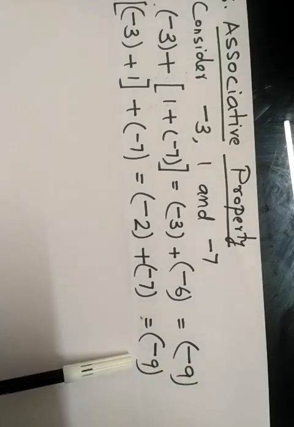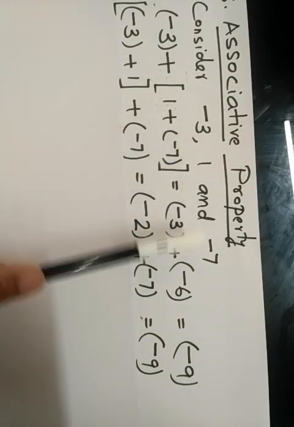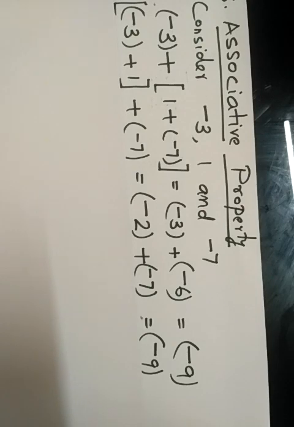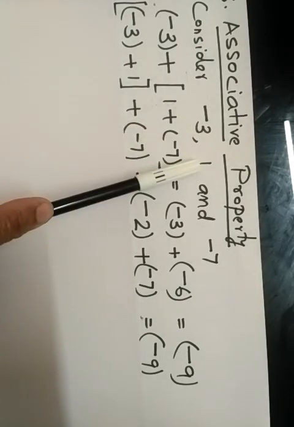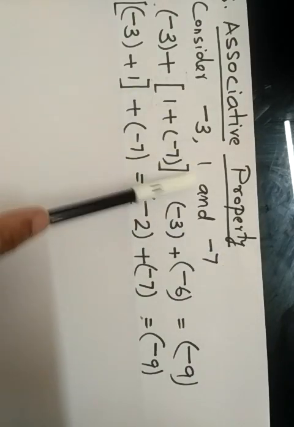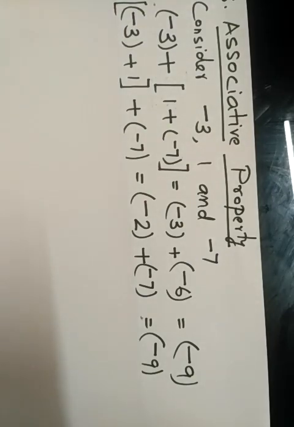What does it mean? In addition, we can group the integers in any way. We can make the first and second group and then add the third one, or make the second and third group and then add the first one. Any way we can make the group.